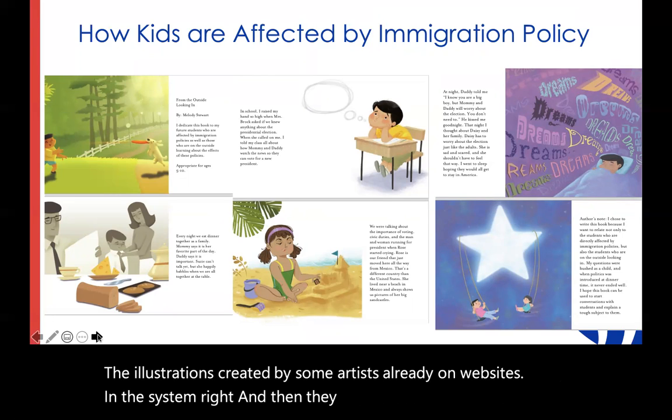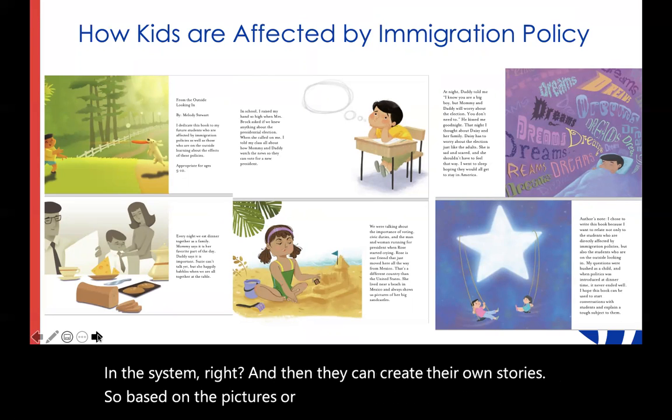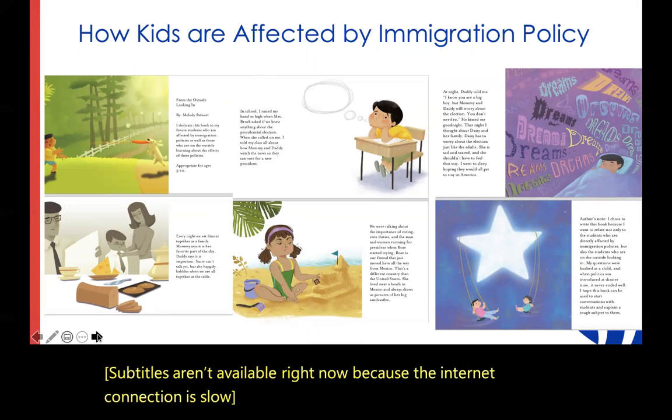Or they can write their stories first and then try to find some pictures to align with their storylines. And also they can write bilingual stories, like English, Spanish, and Chinese, or Japanese. So this is a kind of collaboration. This is a book about how kids are affected by immigration policies. It's a very touching story.